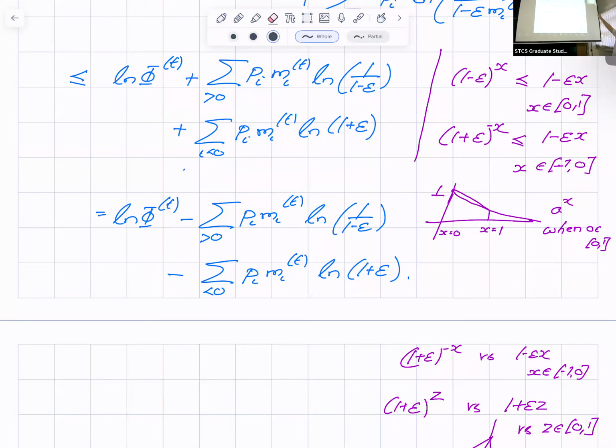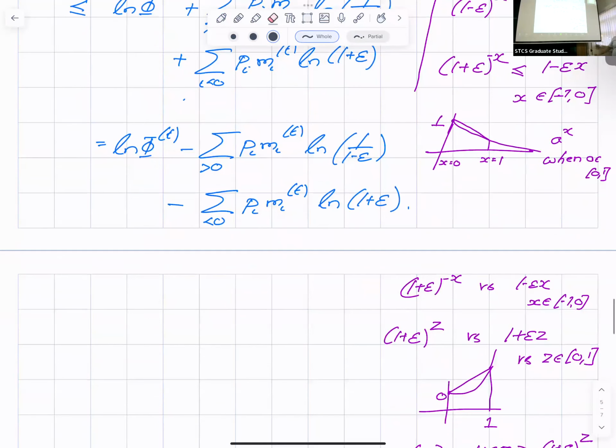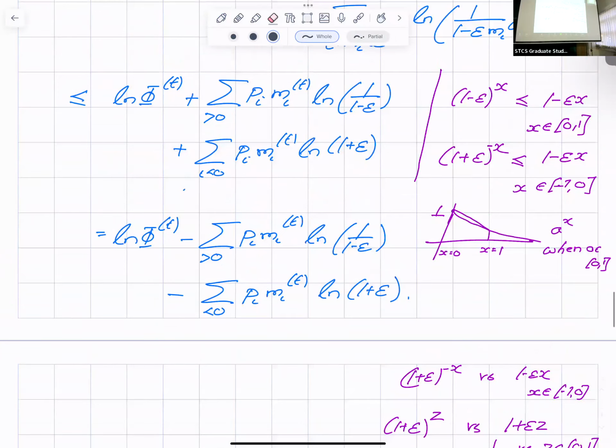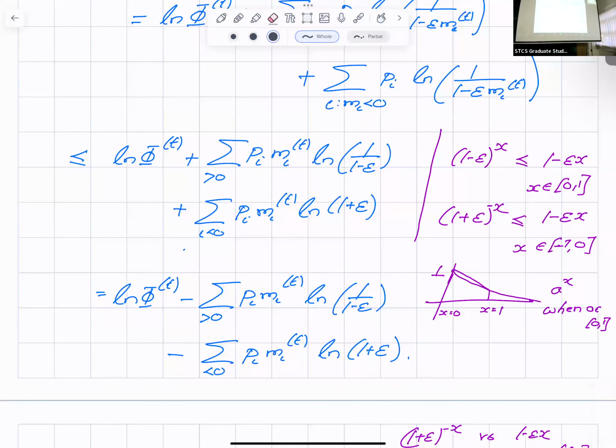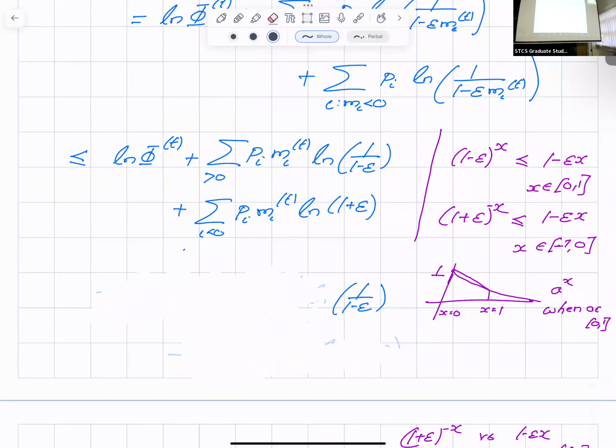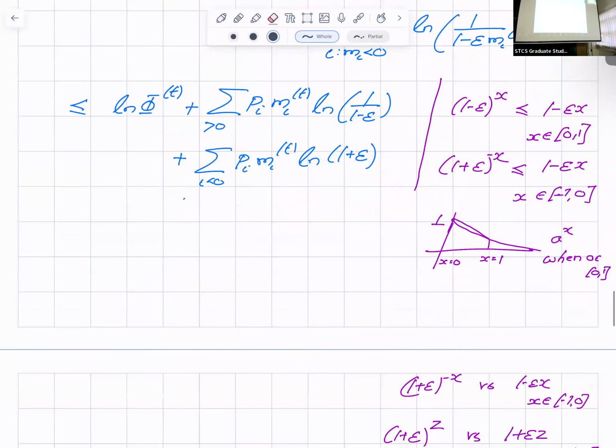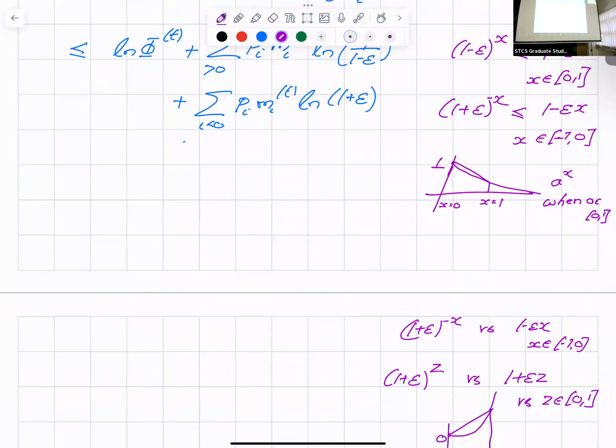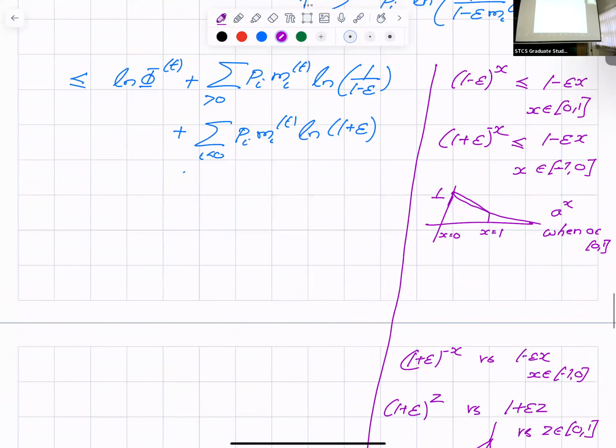Once again, the first inequality is just convexity of that curve. The second is also convexity, but goes this way. So you have this sequence of inequalities. Apply the same.